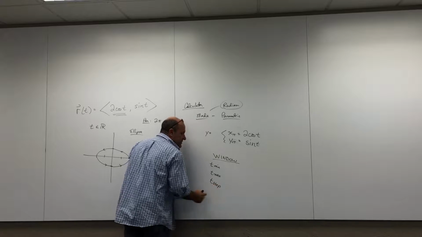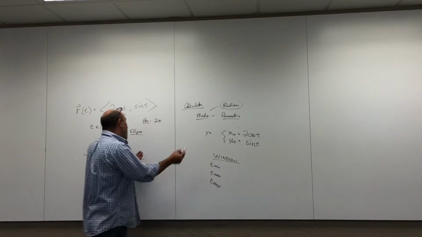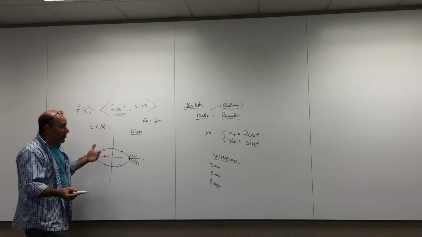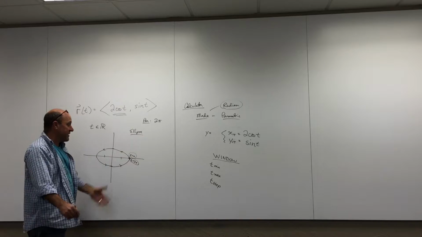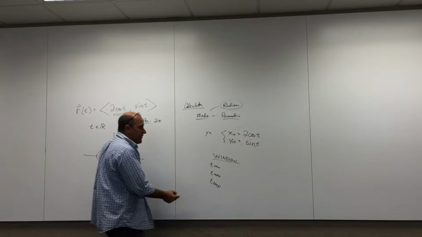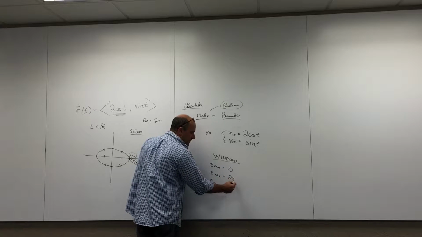Are you seeing that? We've analyzed this already. You know that a good t min and t max might be 0 to 2 pi, right? Then you see one lap of the ellipse, and you don't need to see more than one lap.